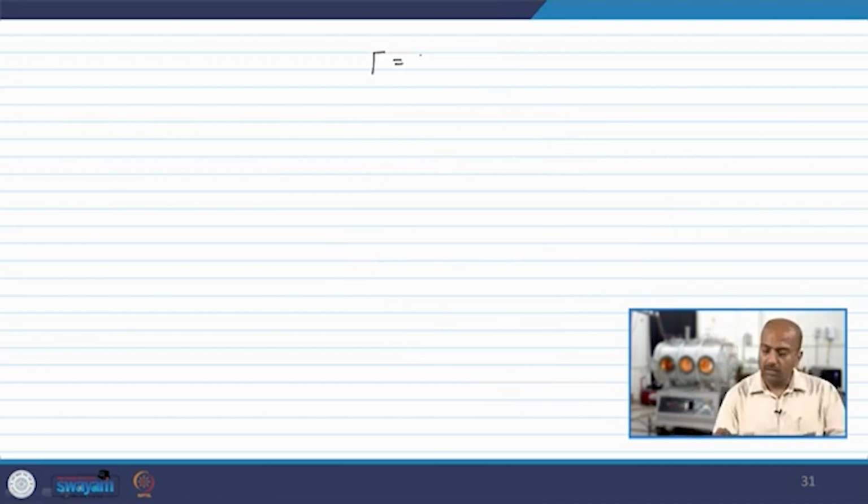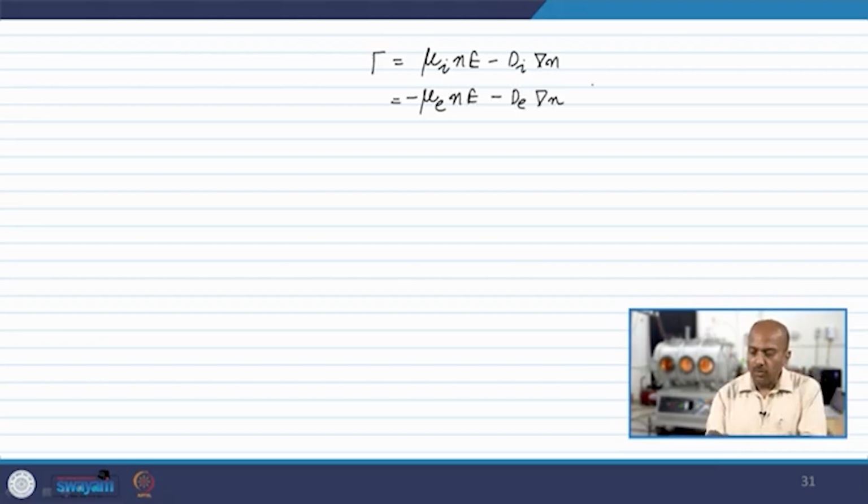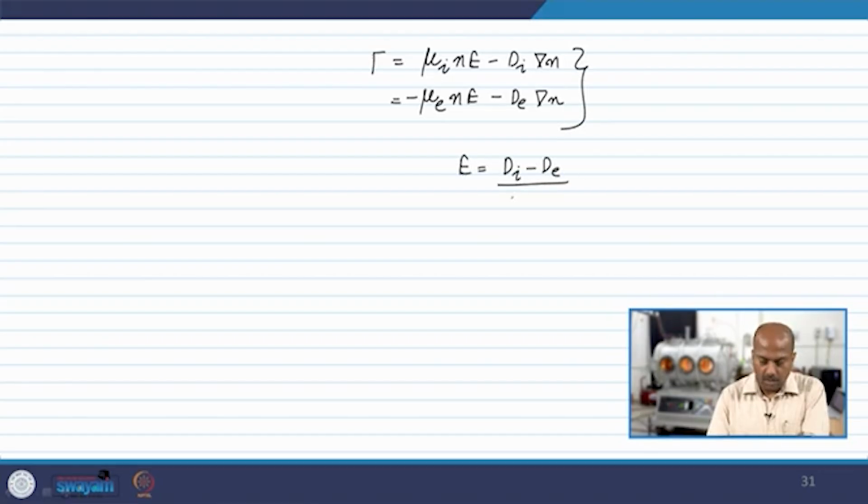So, Γ is μI nE − DI ∇n, which is μe nE − De ∇n. So, from these two equations, the electric field E can be written as DI − De divided by μI + μe times ∇n by n.